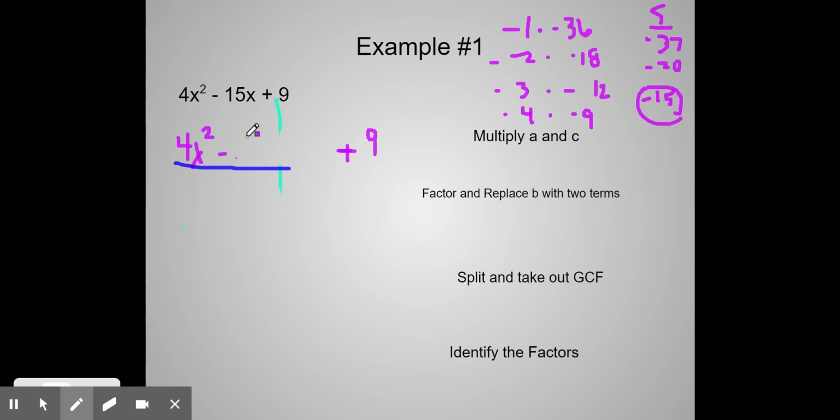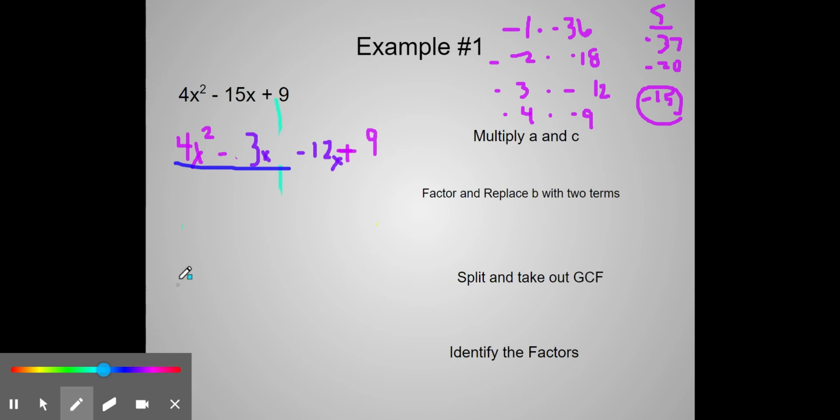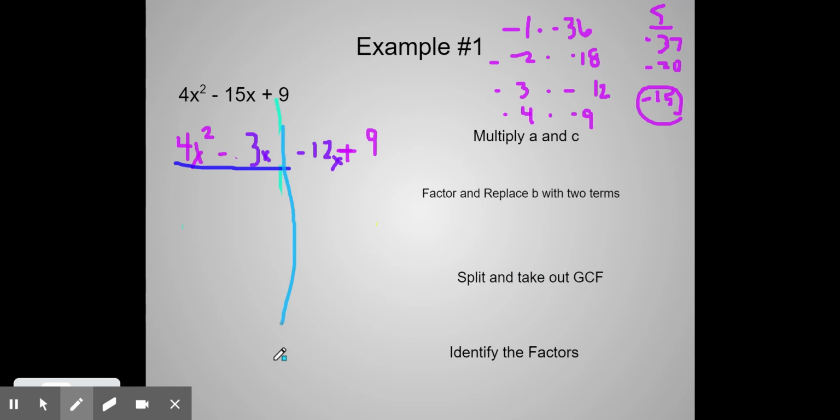Let's say instead we went with -3x here, then -12x. Okay. Well, let's go ahead and look here. I can take out just an x. So I'm left with 4x minus 3.